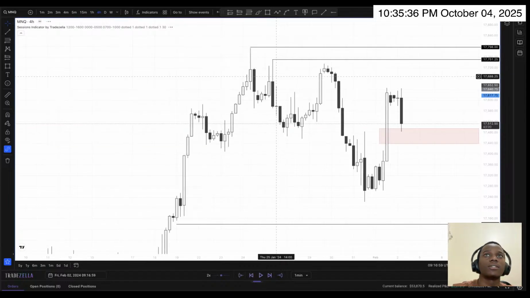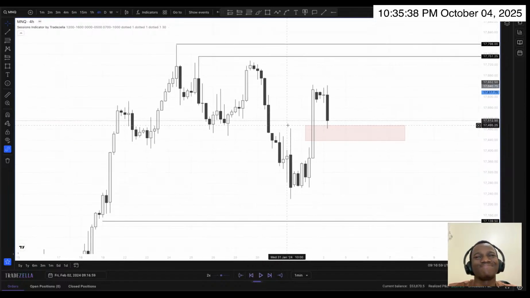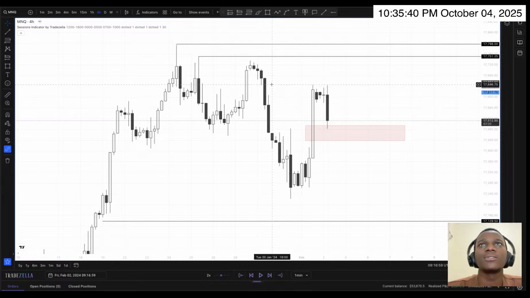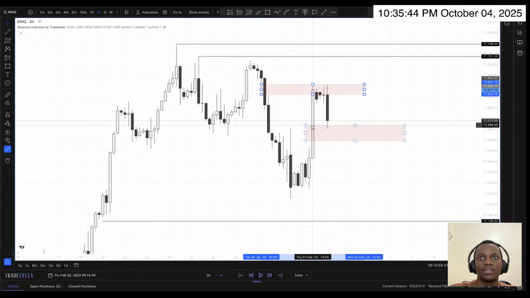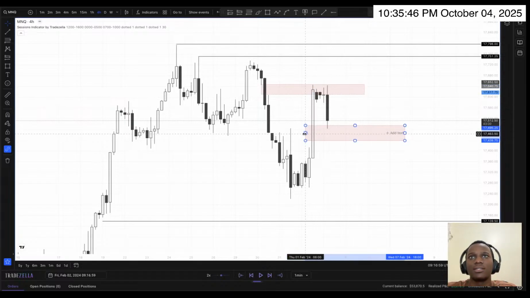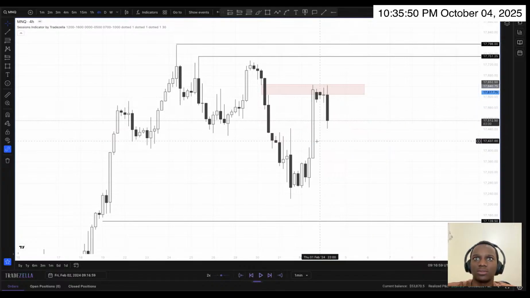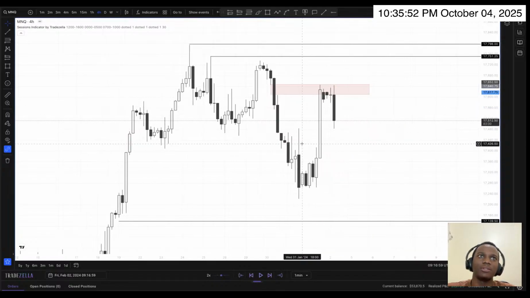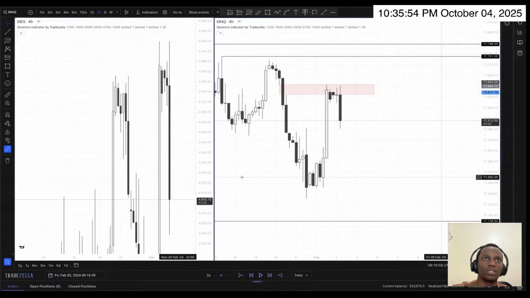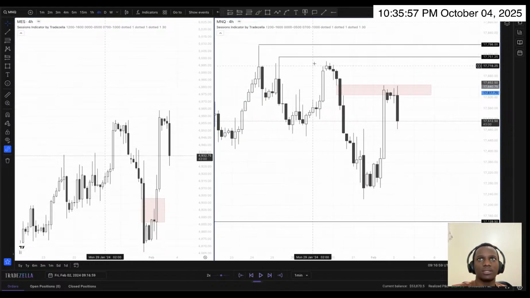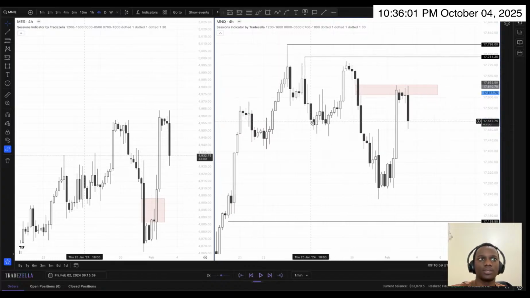When I go on the 4 hour, I have this huge 4 hour gap, and yesterday the market pulled higher. Now we've retraced into a bigger fair value gap. Now when I go here, you can see that we have SMT from here to here, a huge one.